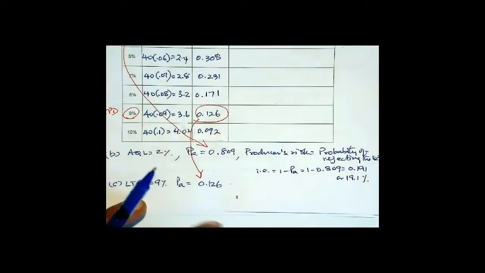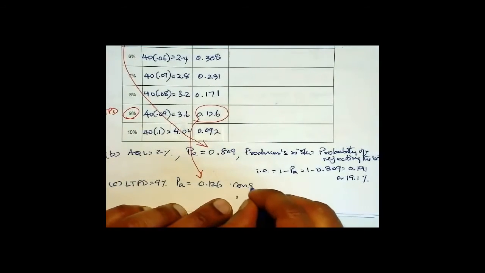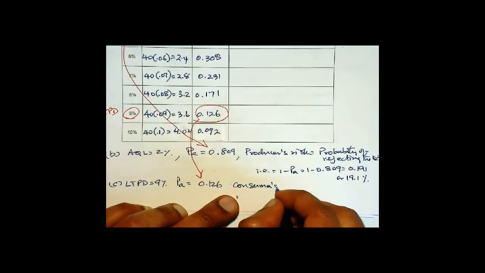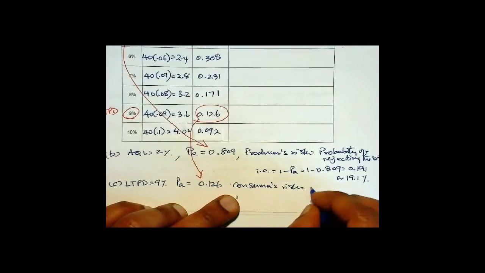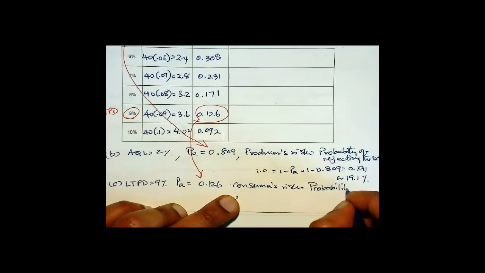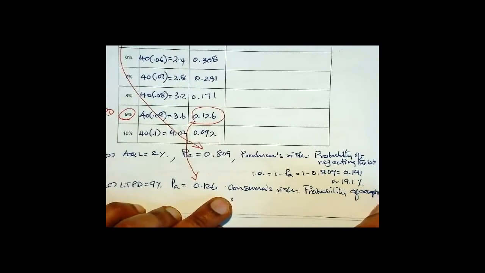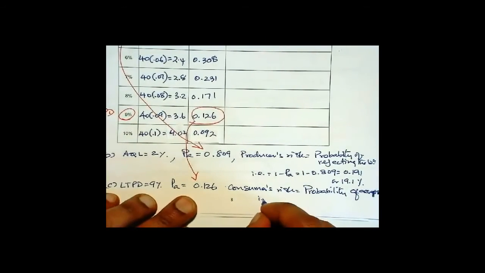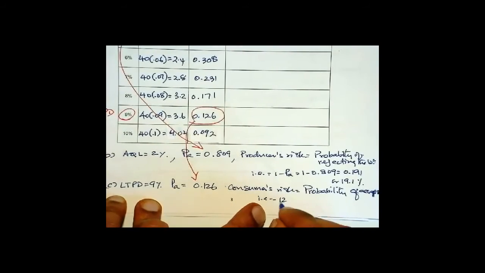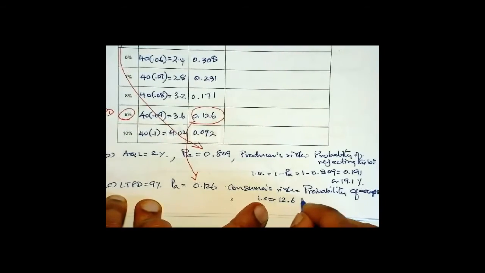So consumer's risk is the probability of accepting that bad lot. So that is that itself, you don't need to do anything, 12.6%.